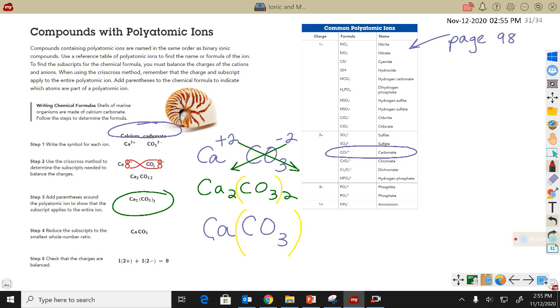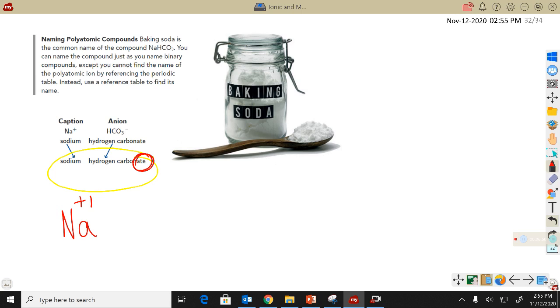I bet it's on the chart. Hydrogen carbonate, hydrogen carbonate. It is on the chart. Here it is. I knew to go to the chart because it ended in ATE. The "ates" and "ites": you've got to look them up unless you want to memorize them. Then I have the formula and the charge. The formula is HCO3 and the charge is -1.